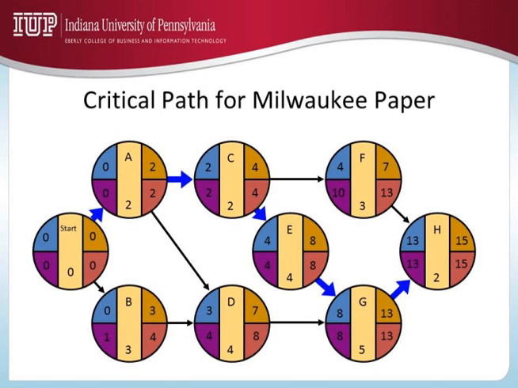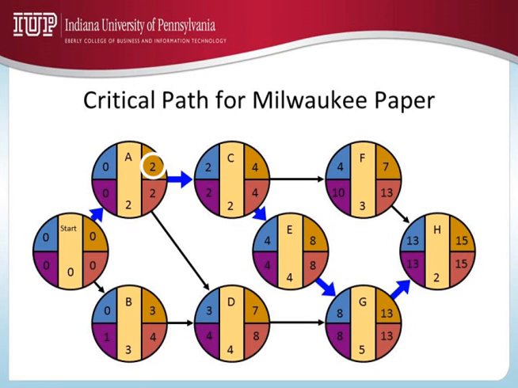This is the first activity. So I can start activity A right away at time 0. If that is the case, what is the earliest time I can finish it? How long does it take to complete activity A? 2 time periods. So the earliest time I can finish activity A is 2.